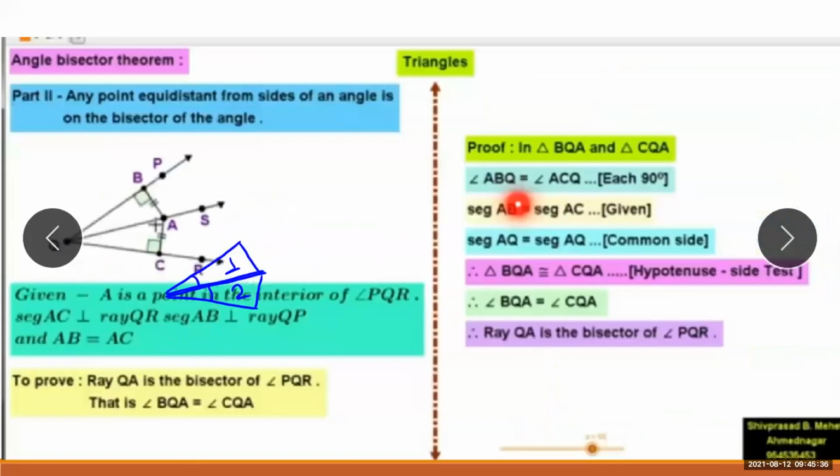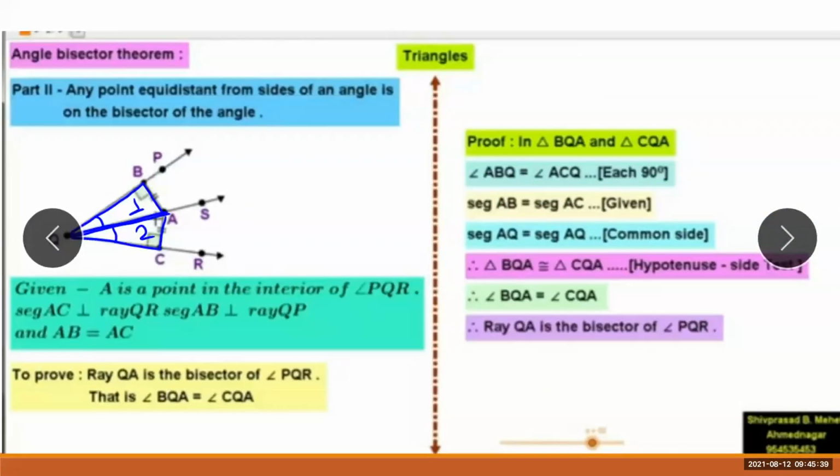Angle ABQ is congruent to angle ACQ. The angle is always the middle vertex, so angle B and angle C. We know that those are 90 degrees each because there are perpendiculars.